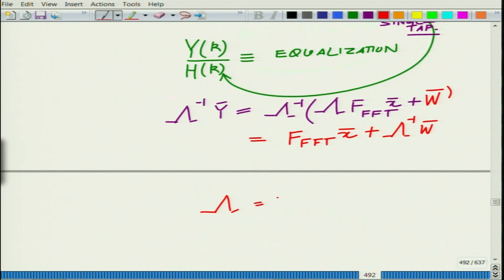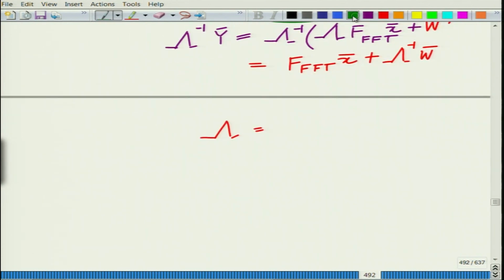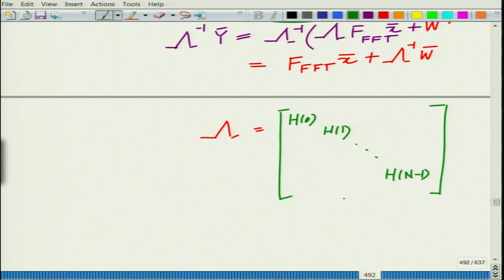Remember, if you recall the structure of lambda, it simply contains the DFT coefficients of the channel taps. These are your FFT coefficients of the channel taps.